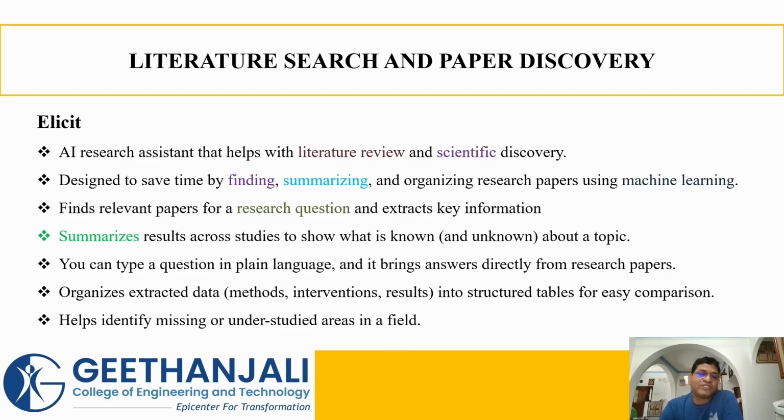It summarizes results across studies to show what is known about a topic. You can type a question in plain language and it brings answers directly from the research papers because it supports natural language processing. It organizes extracted data into structured tables for easy comparison. It helps identify missing or understudied areas in a field.